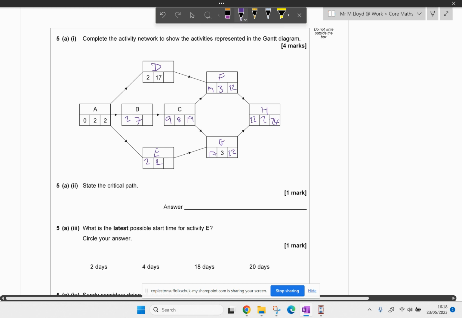And then 22 take away 3 there is also 19. 19 take away 8 is 11. Now with A, I haven't done D. 22 take away 3 is 19. And then 19 take away 17 is 2, and that's already filled in.